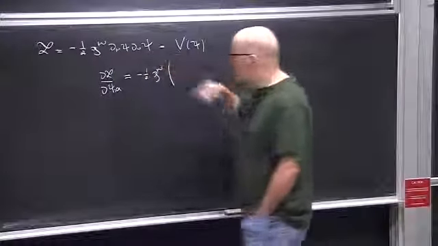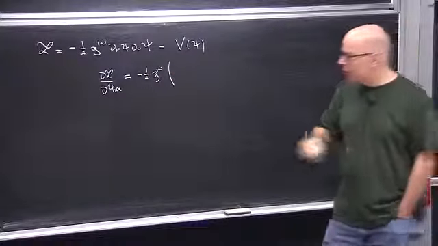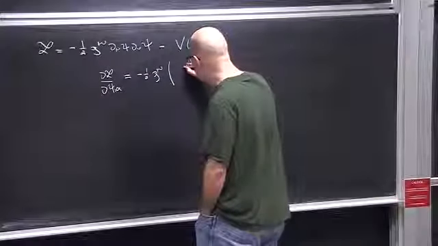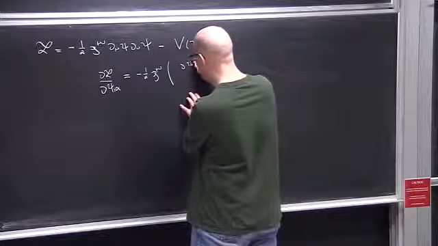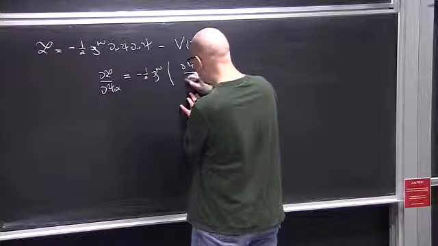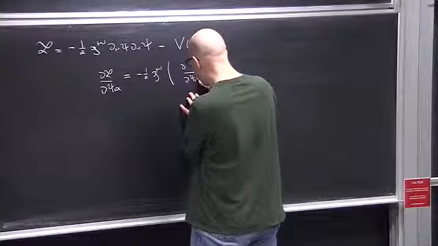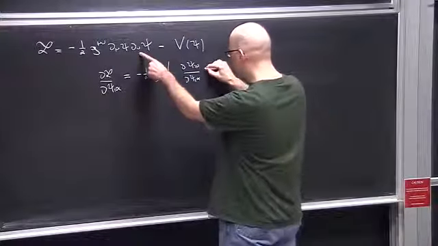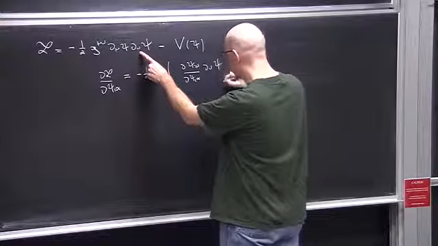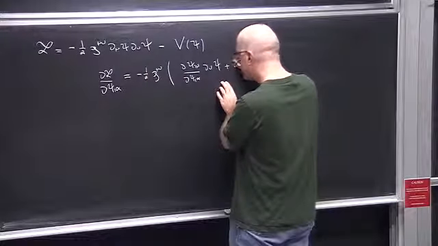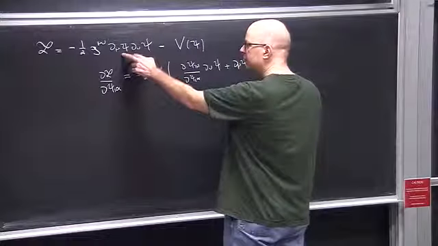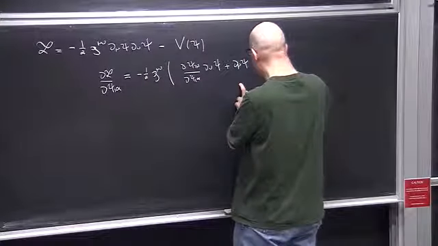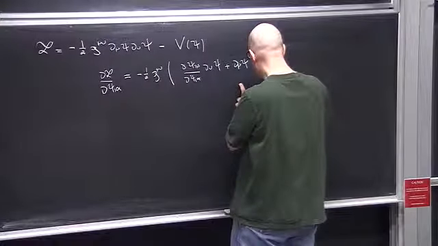Then we're going to differentiate the quadratic combination here with respect to psi comma alpha. The first thing we get is the derivative of psi comma mu with respect to psi comma alpha, and then this comes along for the ride. The second thing we get is this being left alone, and we get the partial derivative of psi comma nu with respect to psi comma alpha.